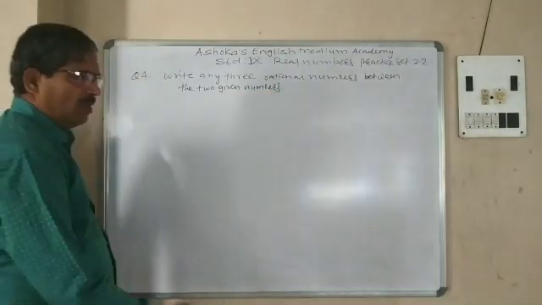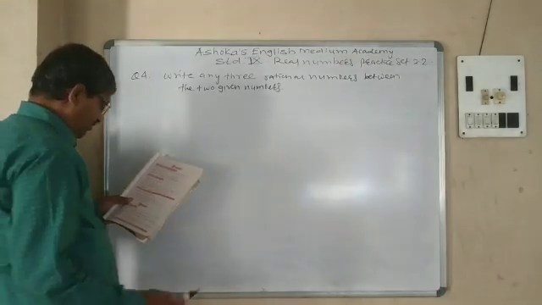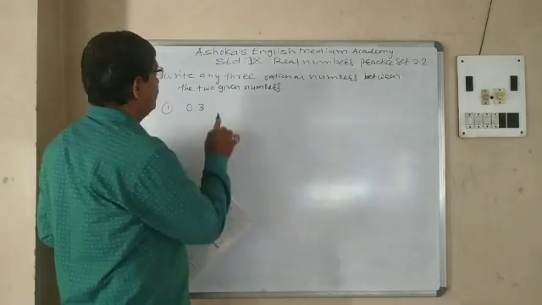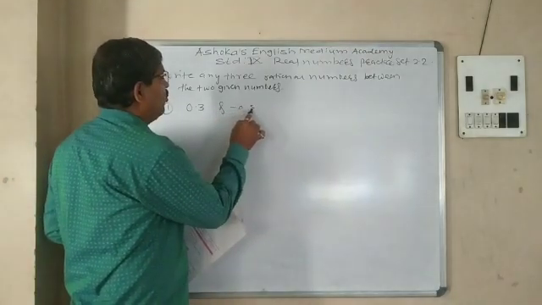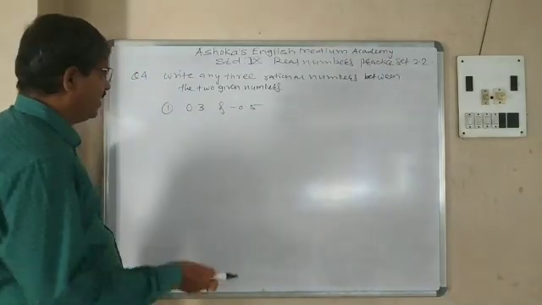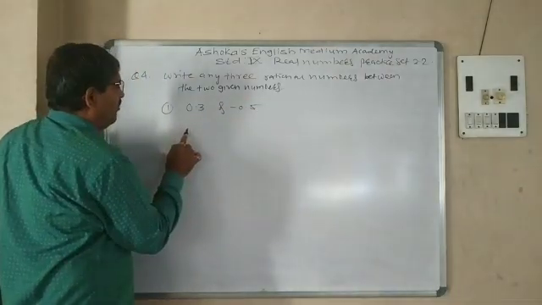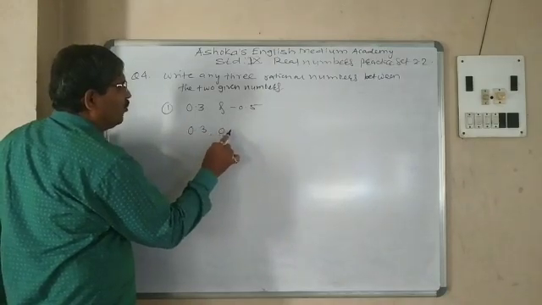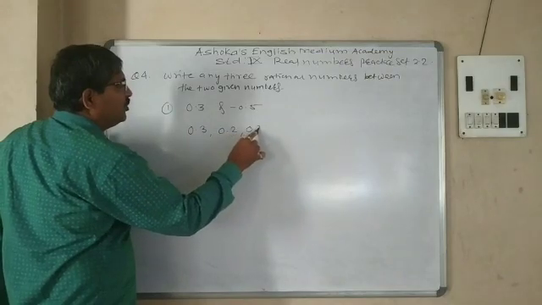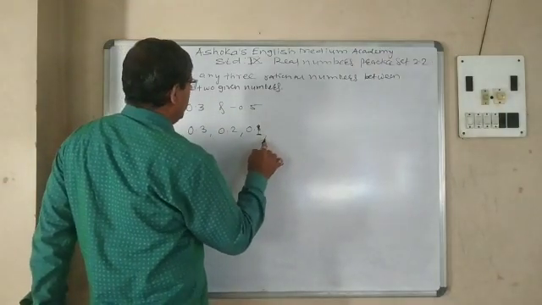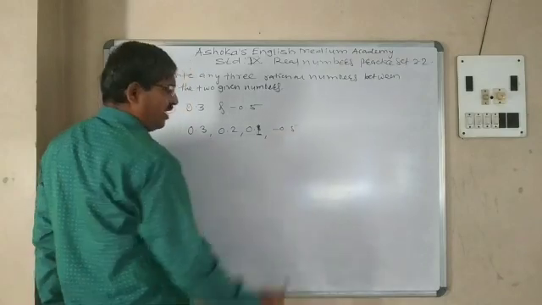Okay. What is the first question? Please check. The first question is given as 0.3 and minus 0.5. Means there are many numbers between 0.3 and 0.5. You may write 0.3, then 0.2, then 0.1, and then minus 0.5.